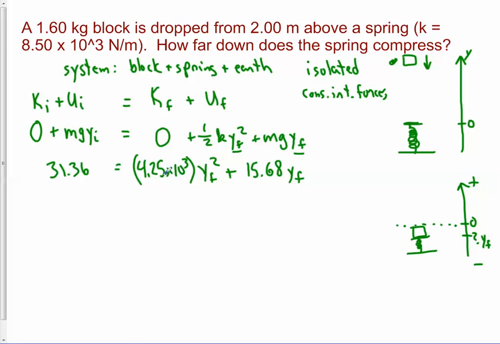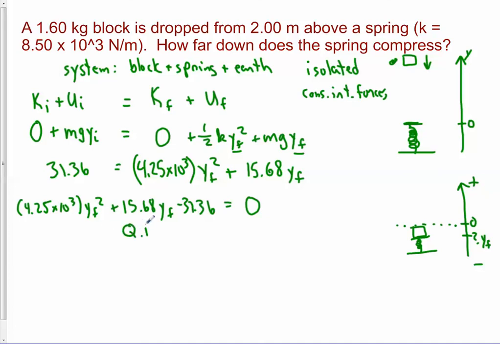What we usually do, if you remember your algebra from high school with quadratics, is put everything on one side. So I'm subtracting 31.36 over to the other side, and that just leaves 0 on this side, which I'm rewriting now. At this point, you can use the quadratic formula to solve that.